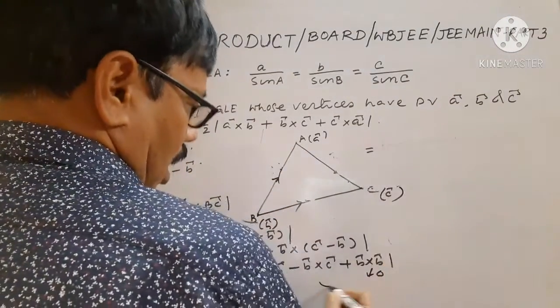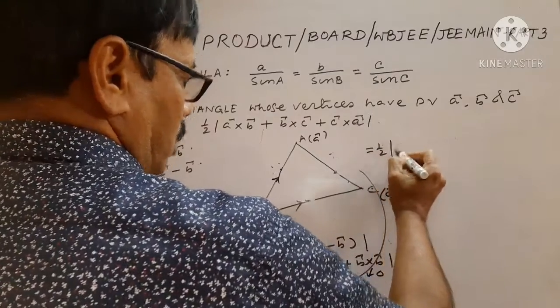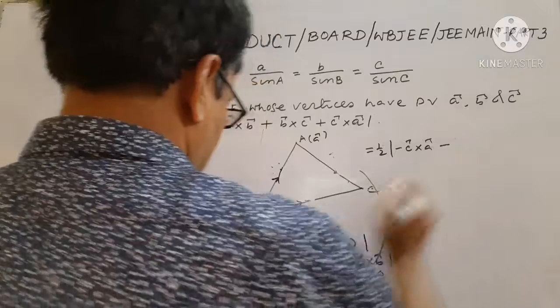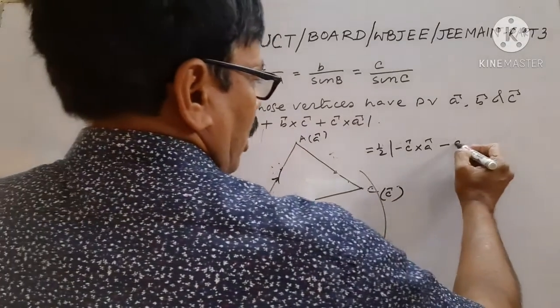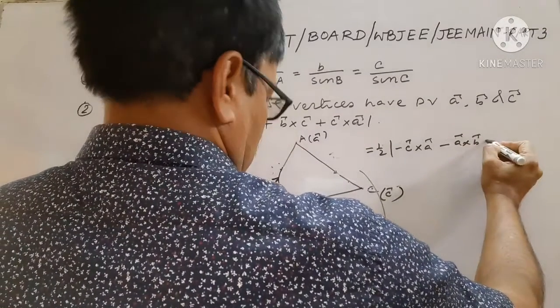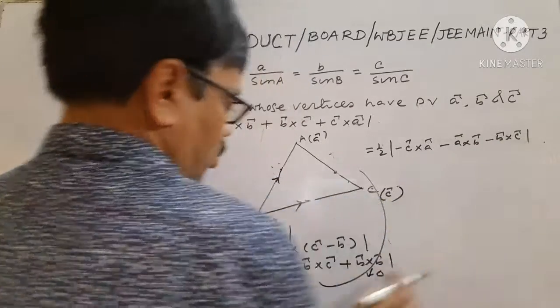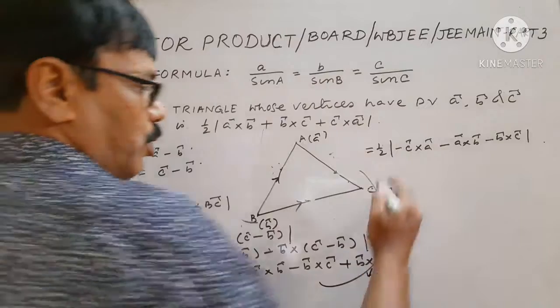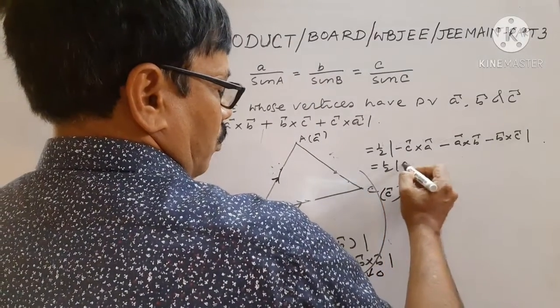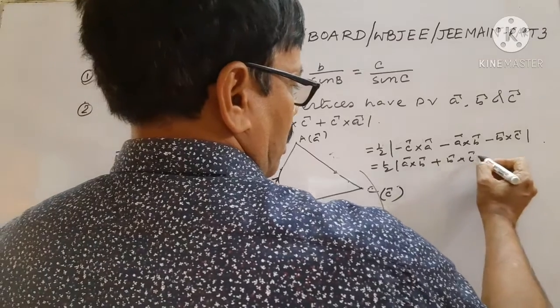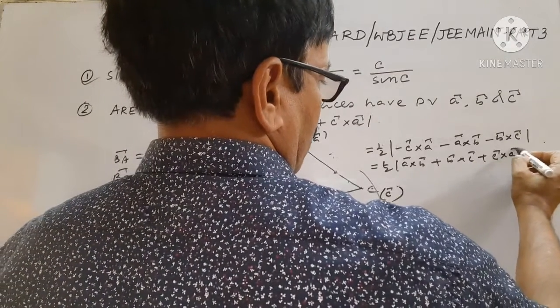So half of, after this, half of minus C cross A, to make it in cyclic order, A cross B minus B cross C. Now this one is 0. So half of A cross B plus B cross C plus C cross A.